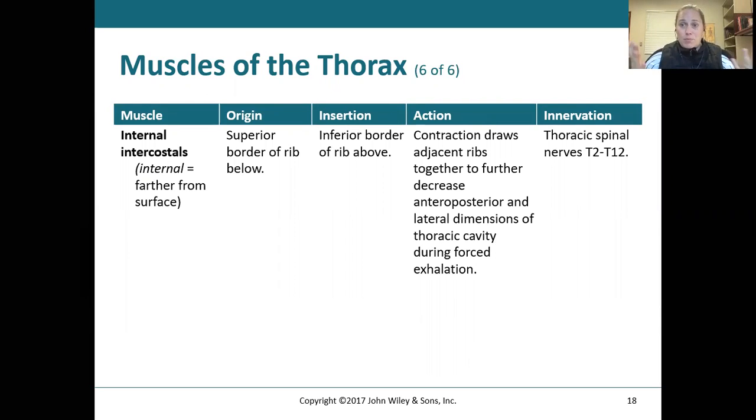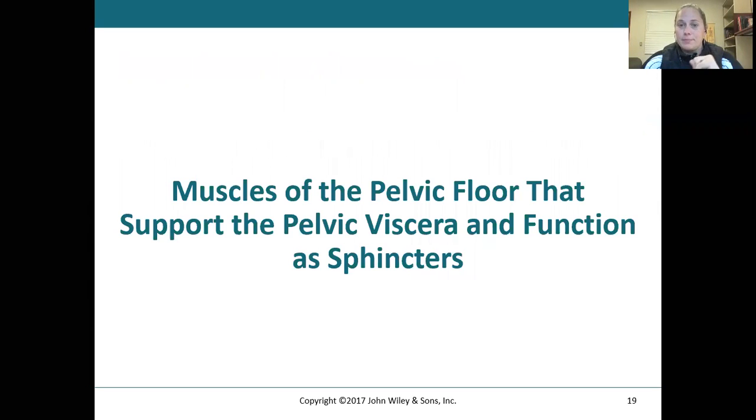If you're an animal, this is a delicious part of your body. Sorry, it's kind of random, but the contraction draws ribs together to further decrease the anterior, posterior and lateral dimensions of the thoracic cavity, forced during exhalation. So again, important for inhalation and exhalation. Okay, intercostals, diaphragm, important for breathing.